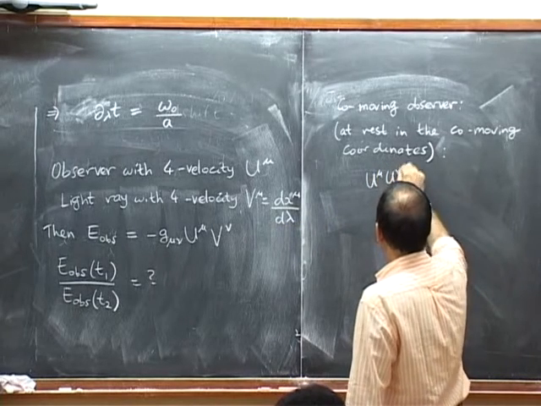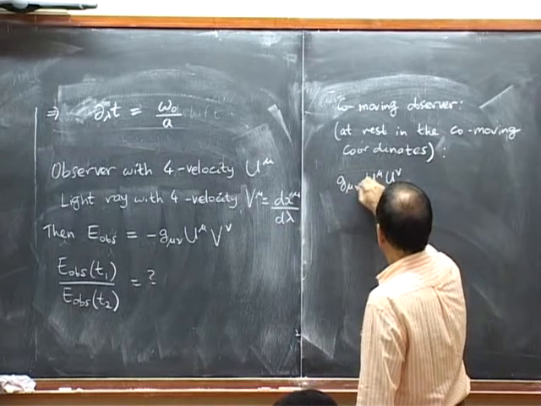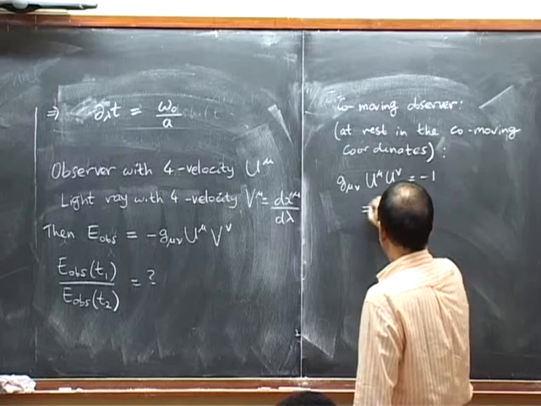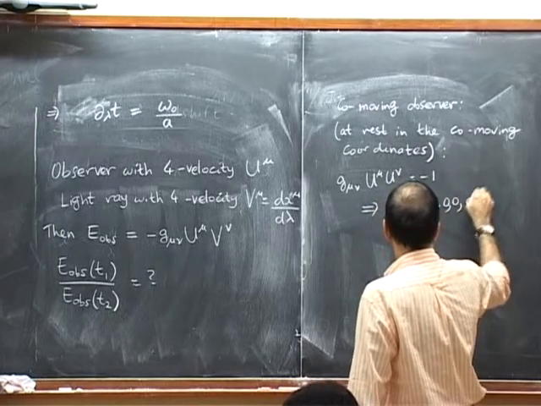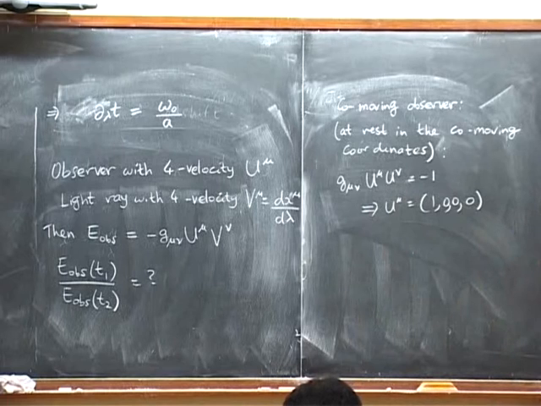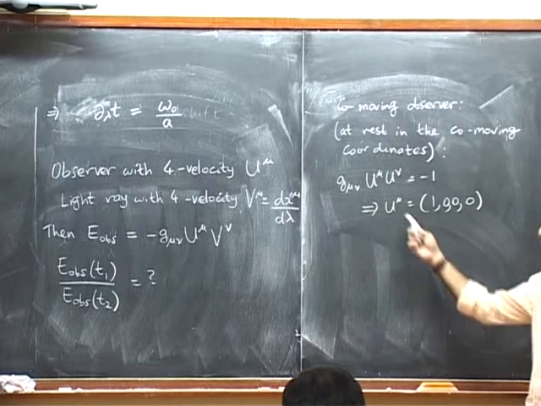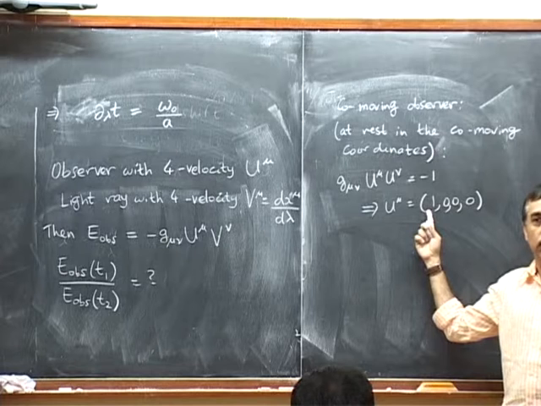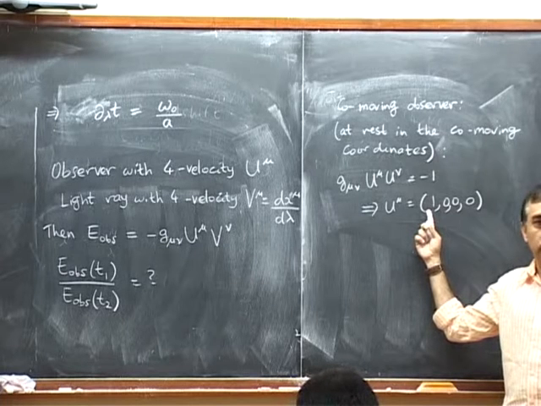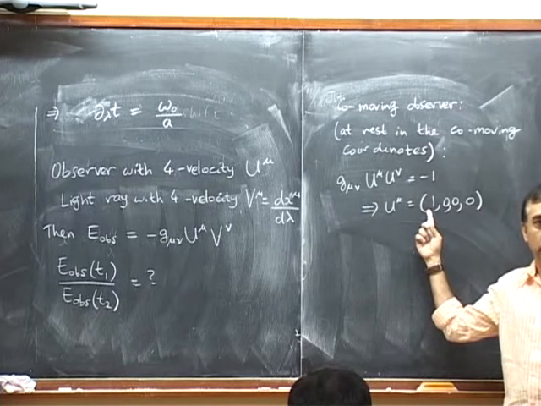So u mu u nu g mu nu equals -1 determines for me that my vector is (1, 0, 0, 0). This is the effect, as I already promised, that u will not have a varying factor root G00 as it had in the field of a star, which was responsible for the gravitational redshift.